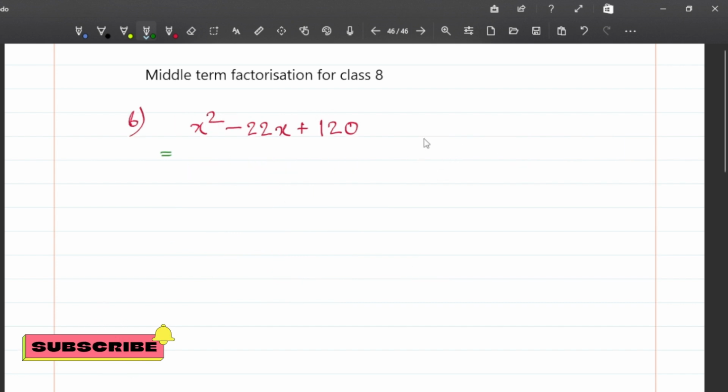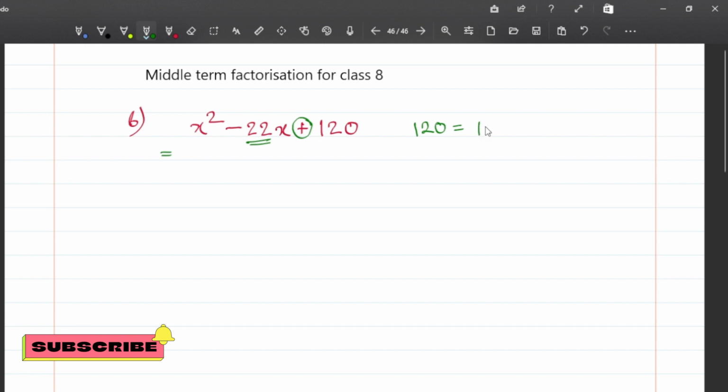Now take this example 6. So the sign of the 120 is positive. So obviously factorize 120 such that the sum of two factors becomes 22.